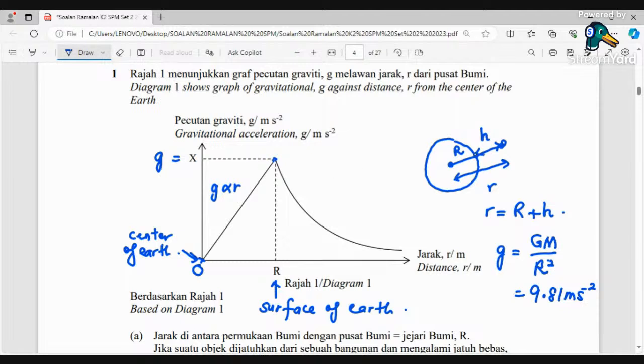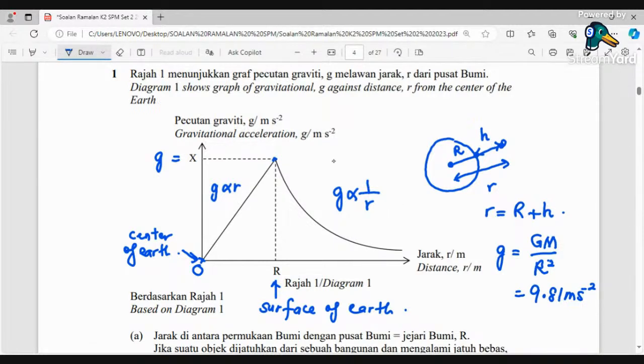So when the height of the object increases, you can see the graph becomes inversely proportional. From the same formula, g is inversely proportional to r squared. Sorry, r. From here, inversely proportional to r.